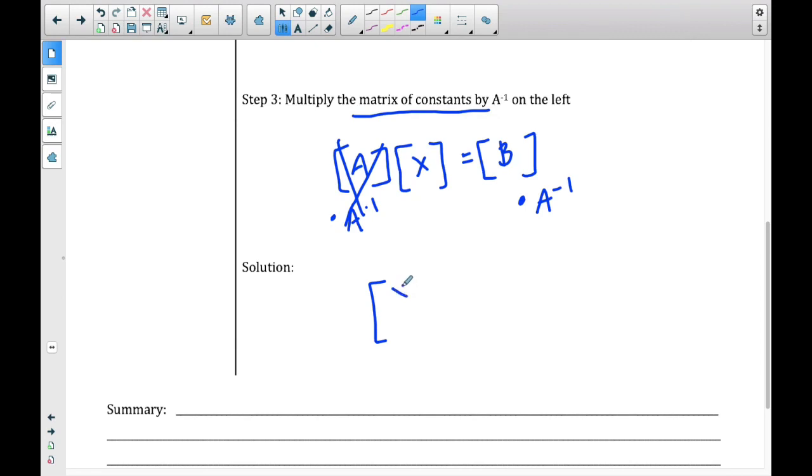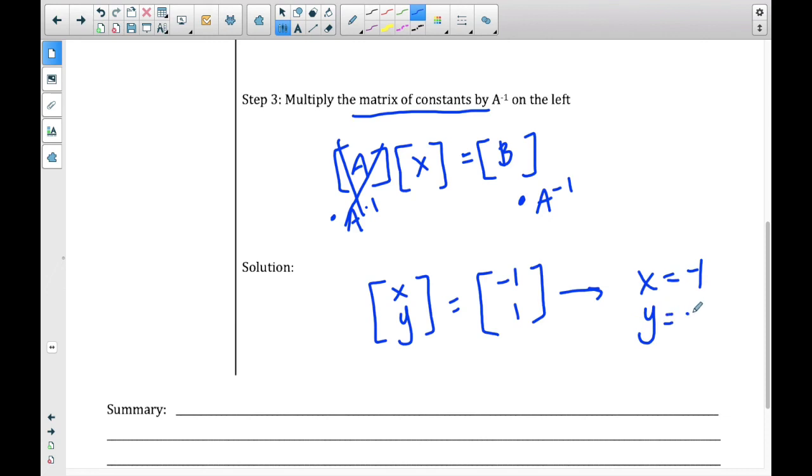And our X matrix, remember, is just X and Y. And when you hit B times A to the negative 1, you should get negative 1, 1. What that means is X is negative 1 and Y is negative 1.